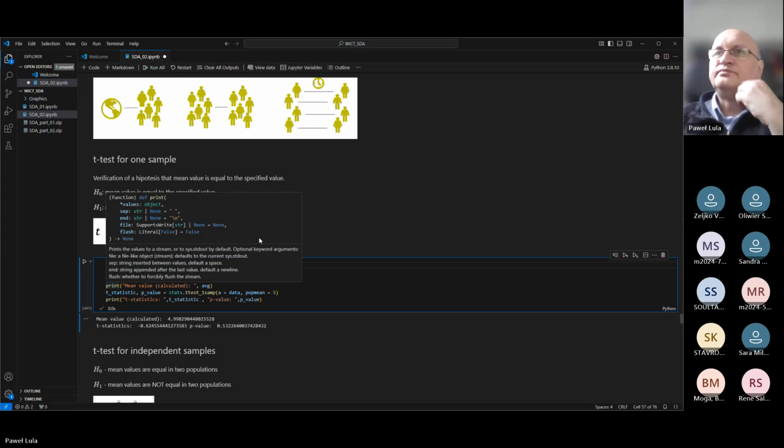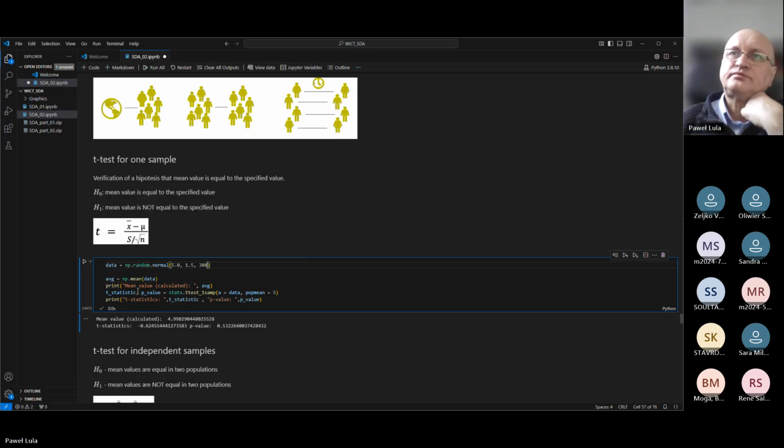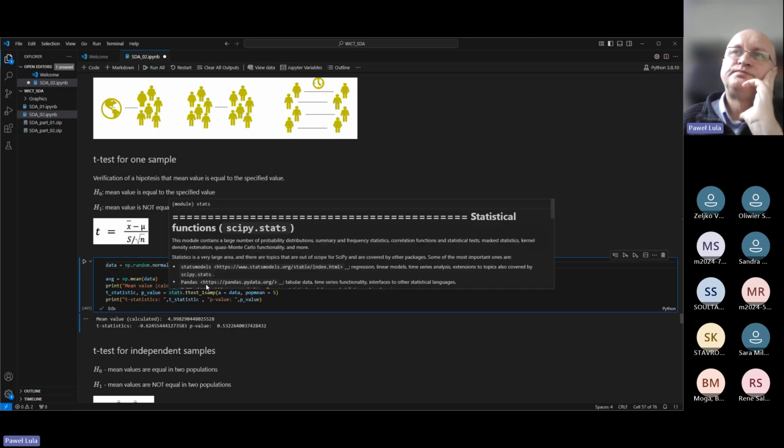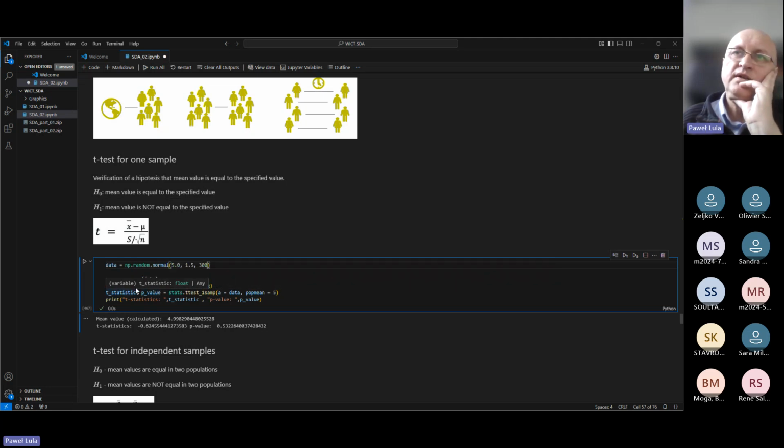And here I'm going to check if the average value in the population is equal to 5. Of course, here I have a sample. Now, I'm going to use this test to verify my hypothesis that the mean value in the population is equal to 5 using this data.